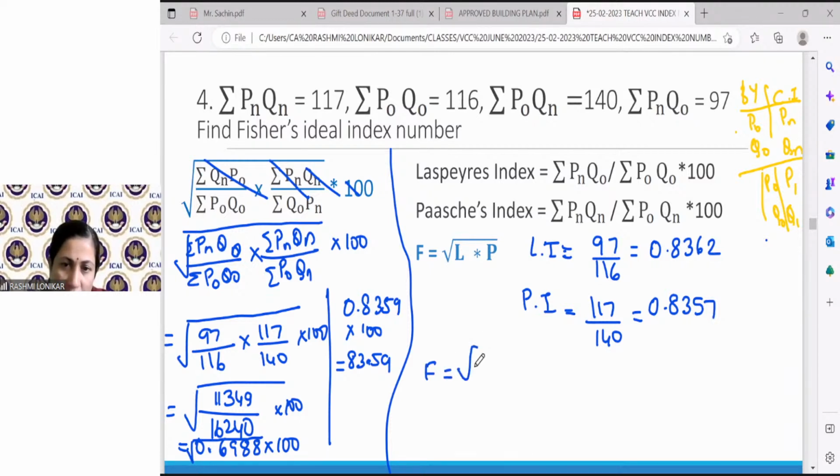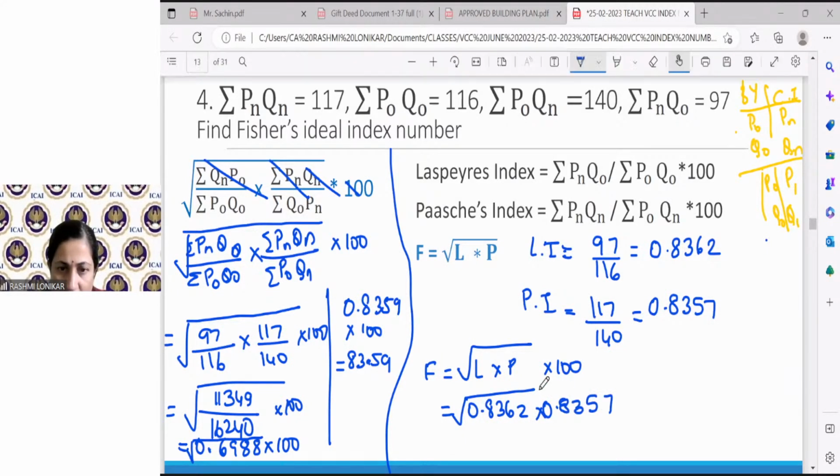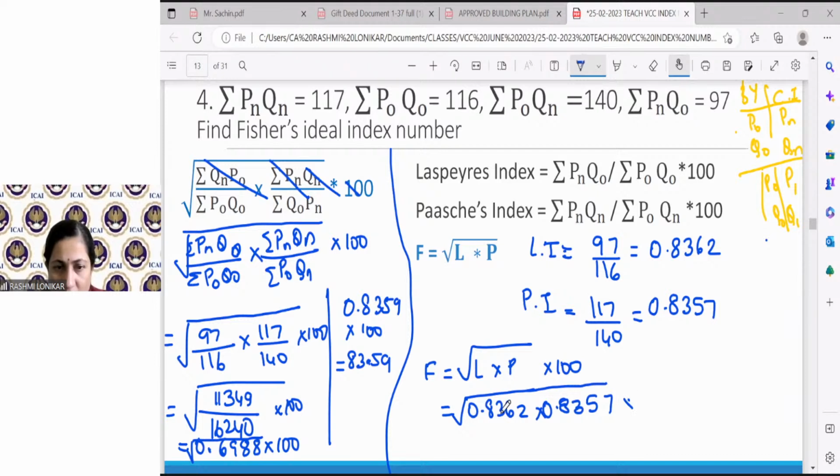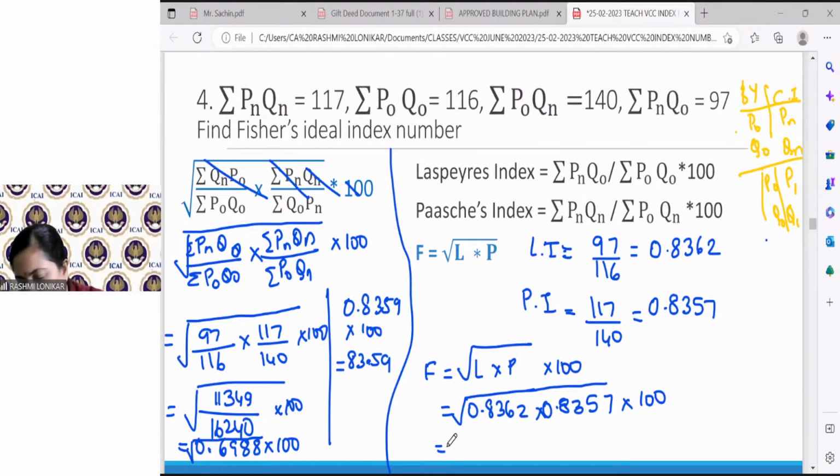So Fisher will be what? It will be the square root of L into P into 100. So how much is this? Square root of 0.8362 into 0.8357 into 100, which is equal to the square root of 0.6988 into 100.